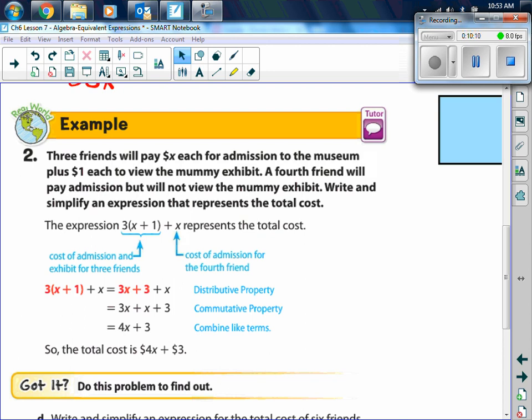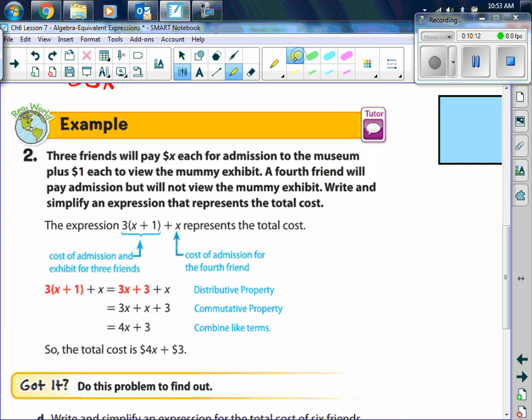So, the important information in this word problem is that we're going to pay x dollars each for admission, right? And we're going to pay $1 each to see the mummy, right? And also we know that we have a fourth friend who will pay admission but not see the mummy.